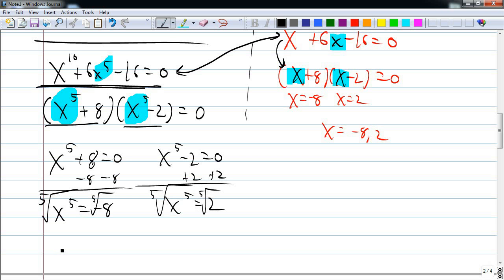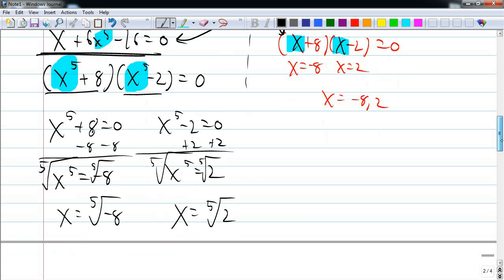Okay. So I get x equals the 5th root of negative 8, which is a real number because this is an odd root. I can take odd roots of negative numbers without getting an imaginary result. Over here, x is the 5th root of 2, which is some number. I don't know what it is, but whatever it is, it's the 5th root of 2.